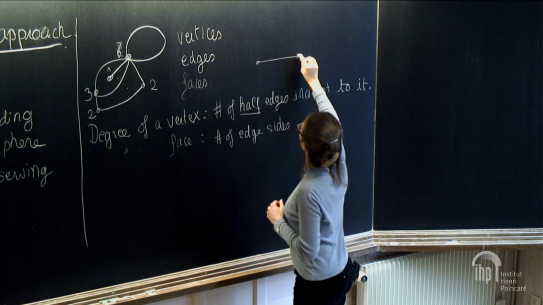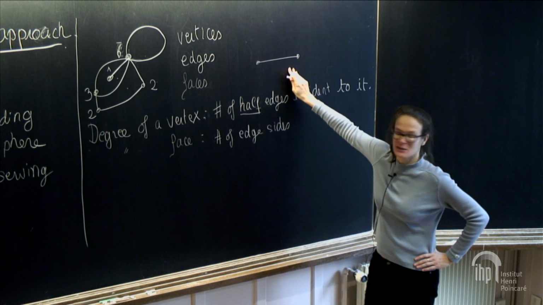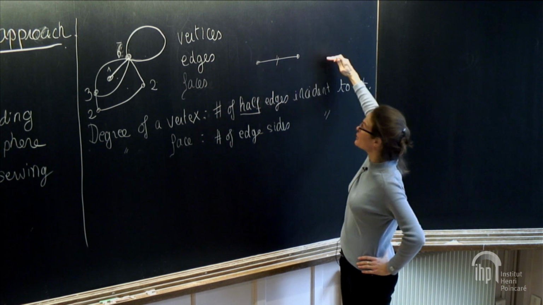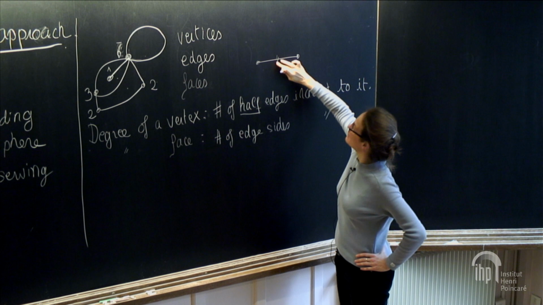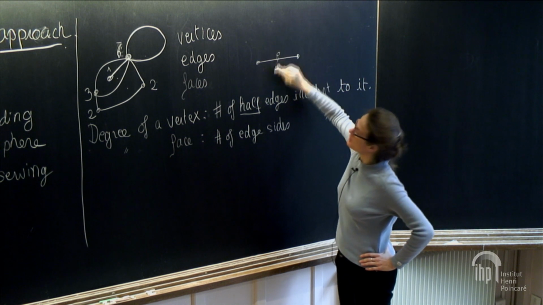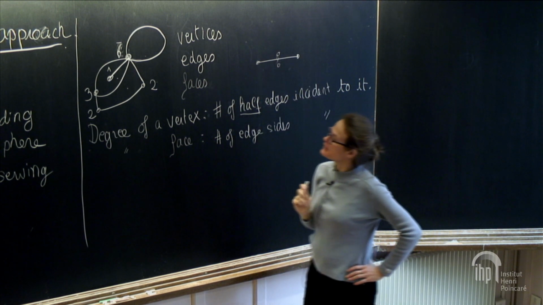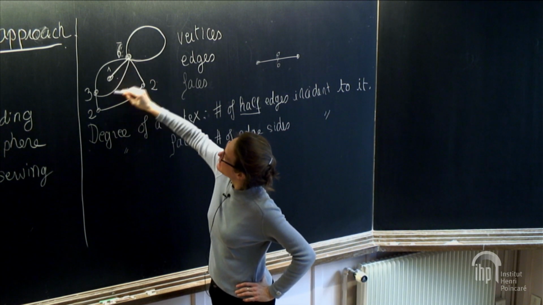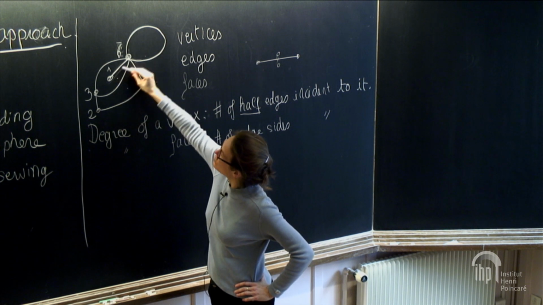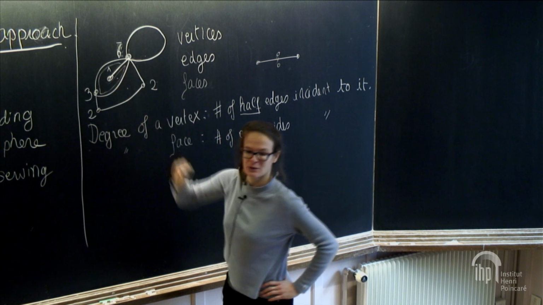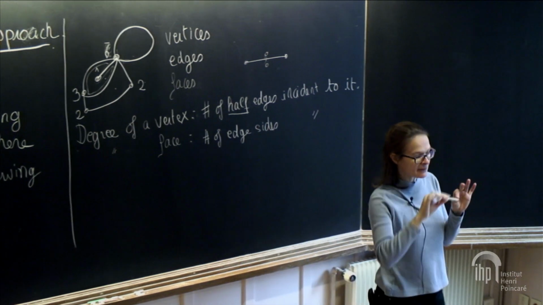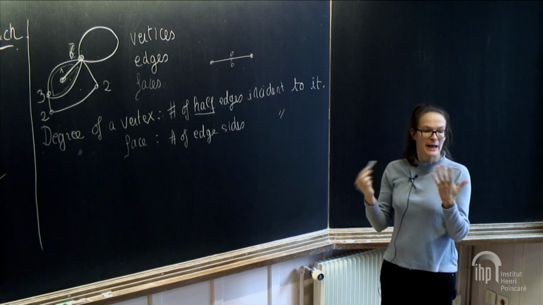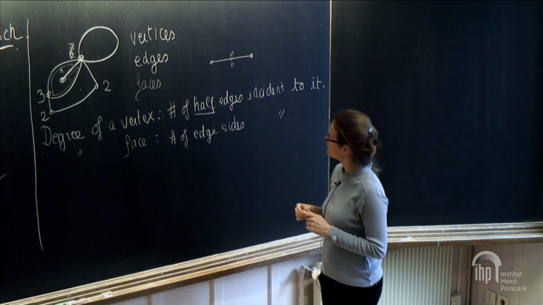Previously, to define the degree of a vertex, I've cut an edge into 2 half edges like that. But you can also cut it in 2 edge sides like that. So you have one side here and one side here.